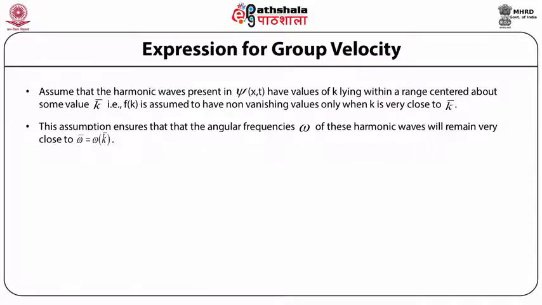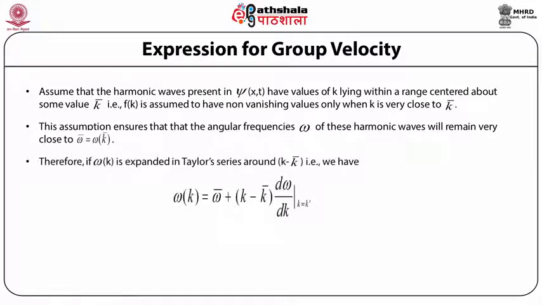Therefore, if omega(k) is expanded in Taylor's series around k minus k bar, we have omega as a function of k is equal to omega bar plus within brackets k minus k bar into the derivative of omega with respect to k, with limits k bar equal to k.